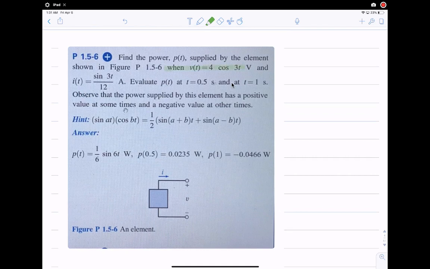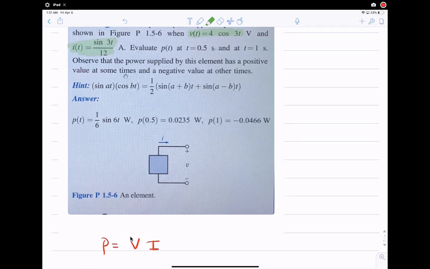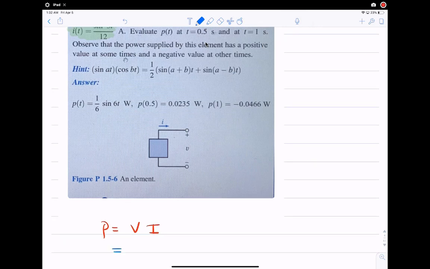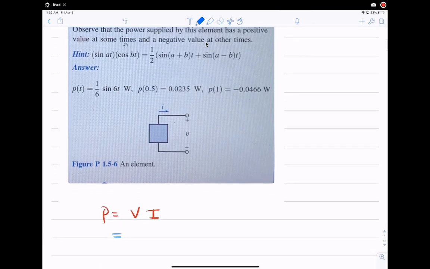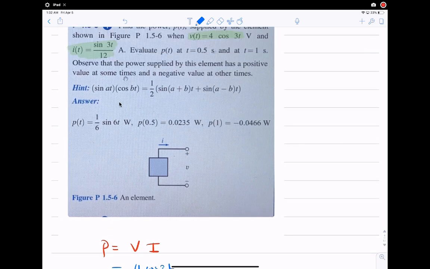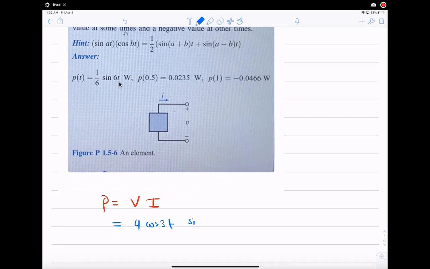So the voltage is 4 cosine 3t, and the current is sine 3t over 12. Right away, since I know P equal V times I, let's multiply those two equations. V, which is 4 cosine 3t, times sine 3t over 12, right?